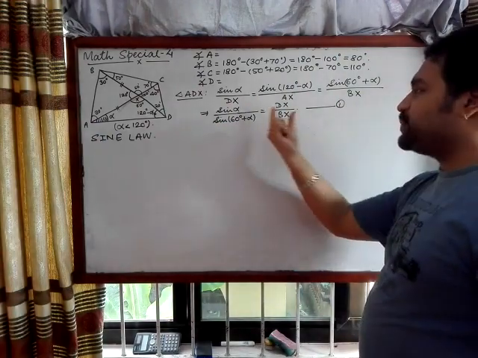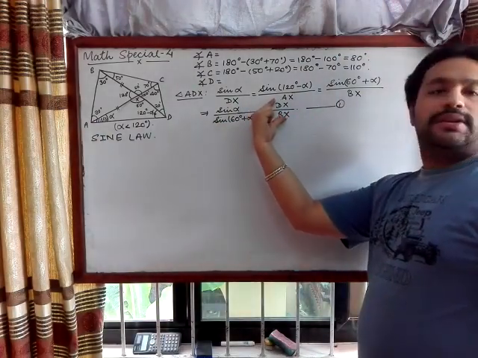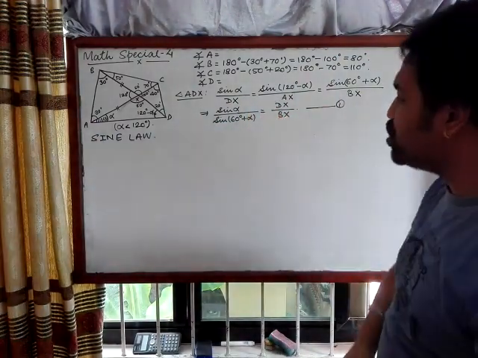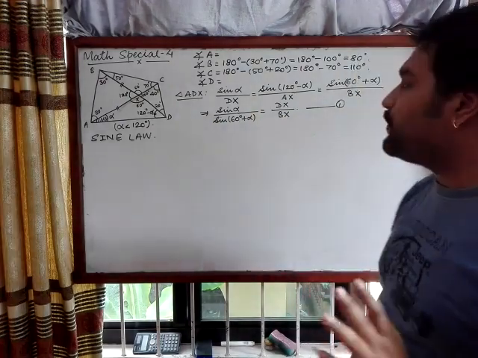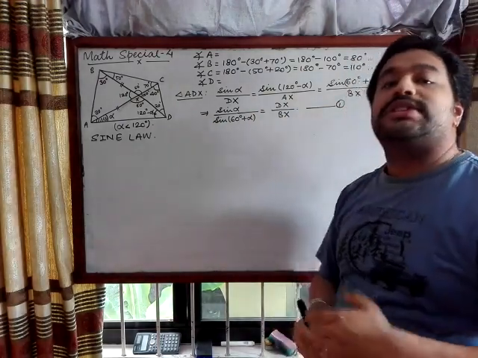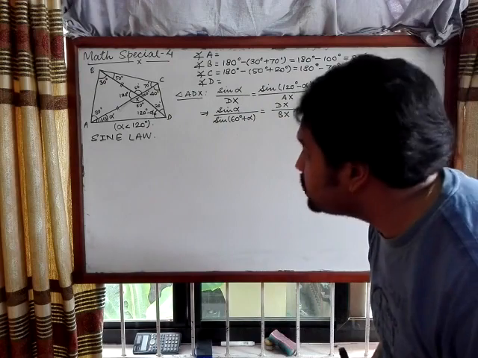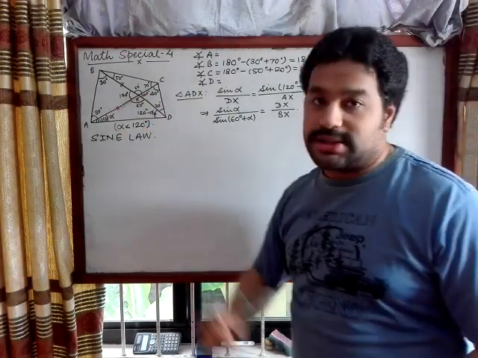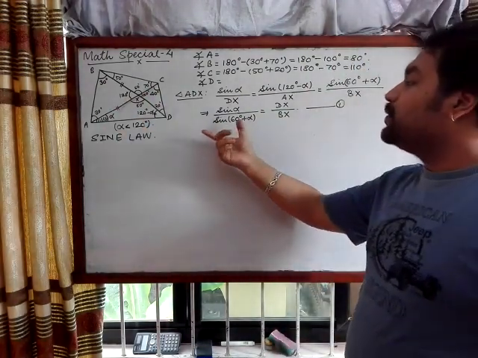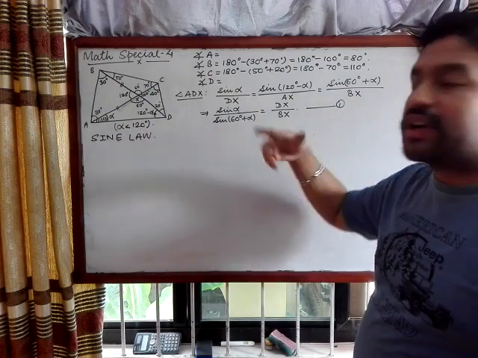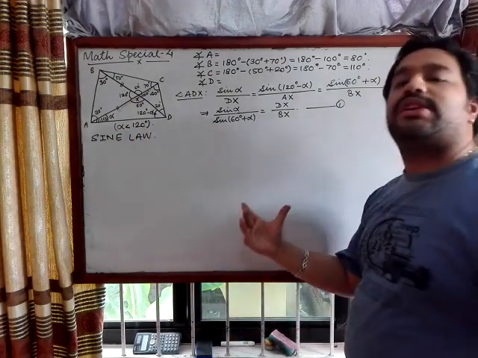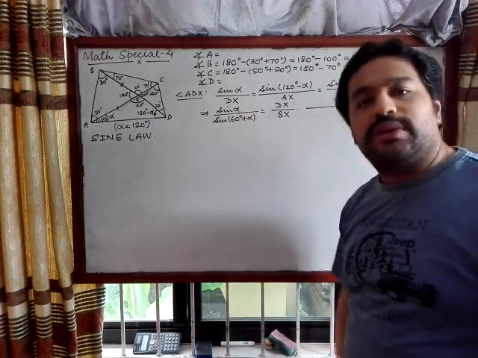Now if we can express this fraction or this ratio in terms of the ratios of sines of known angles, then we get a trigonometric equation, and solving that trigonometric equation we can find the value of alpha.